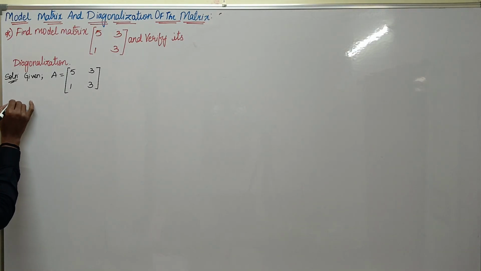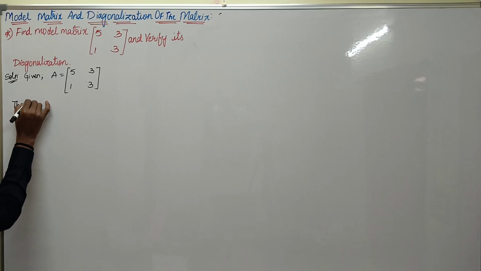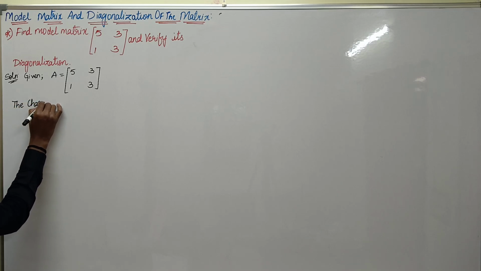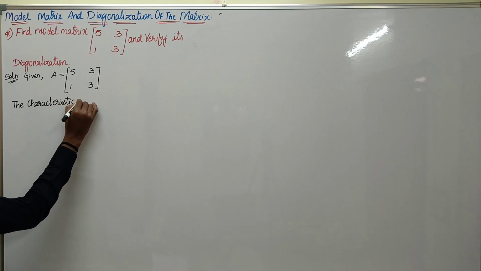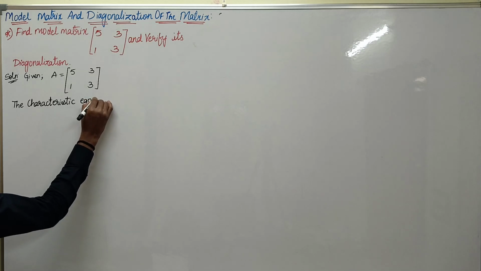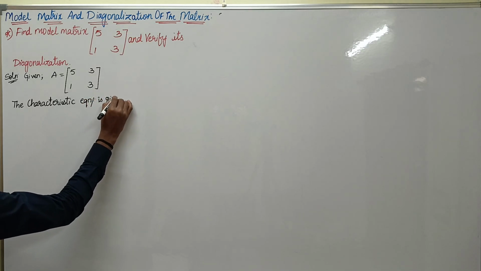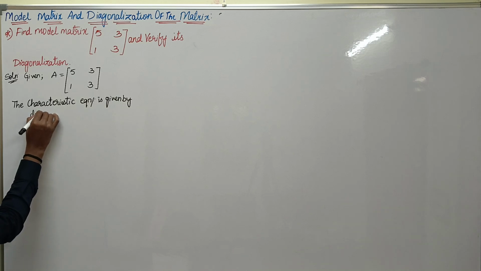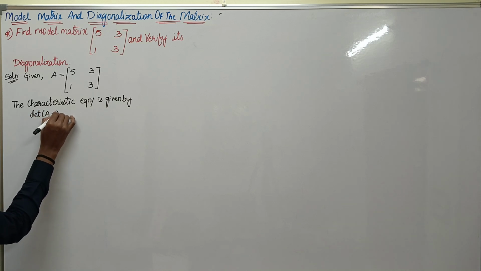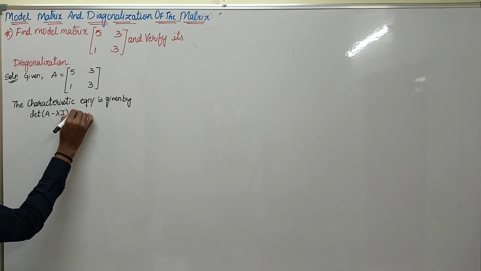The characteristic equation is given by determinant of A minus lambda I equal to 0.